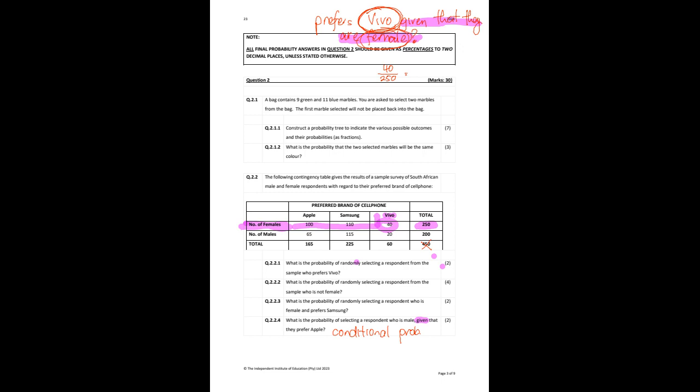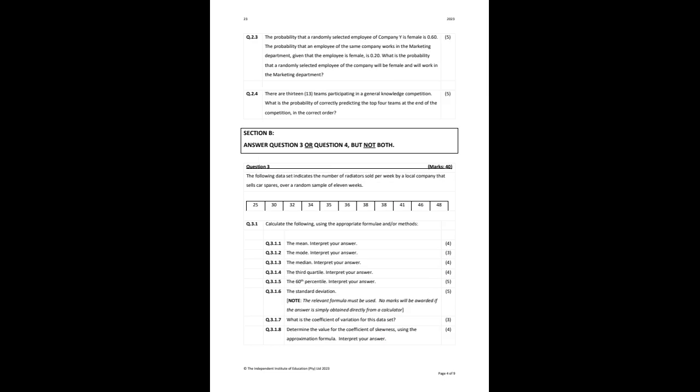Then on the next page, you'll see at the top, the first one is the same one that I just explained now. So it's also a conditional probability. Let's read it and you'll see that it is a conditional probability as well. So it says to you that the probability that a randomly selected employee of company Y is female is 0.6.